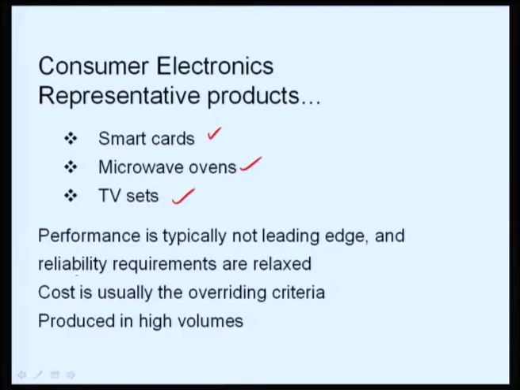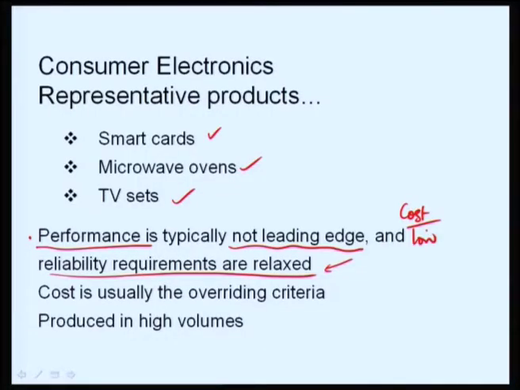As you can see, the performance we expect here is typically not leading edge compared to a military or a space system or subsystem, and reliability requirements are fairly relaxed because the cost also needs to be low.